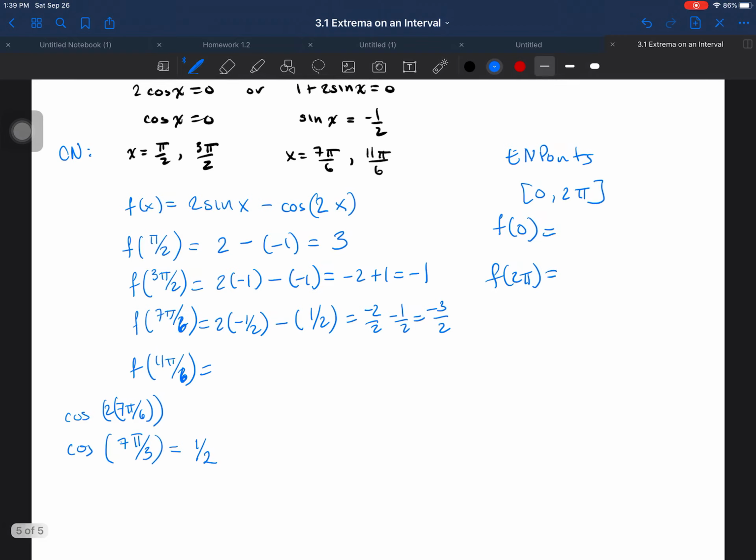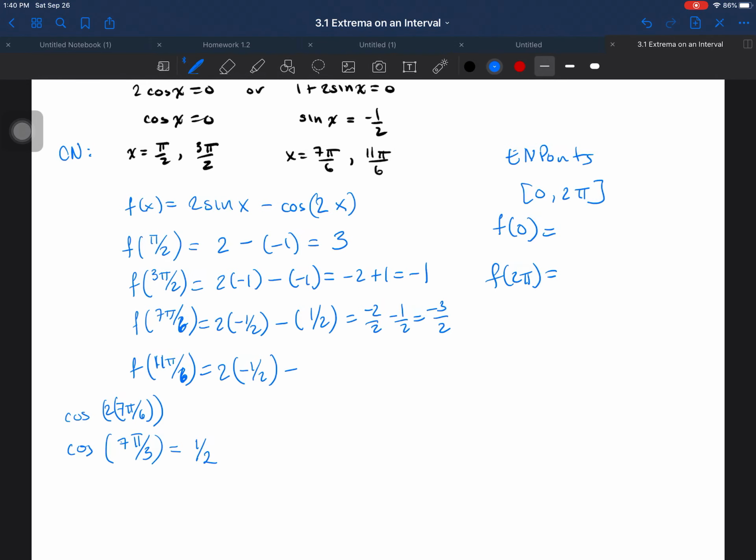The other one is 11 pi over 6. So we have 2 times sine of 11 pi over 6. That's almost the 2 pi, so it's going to be negative, and it's going to be short, so it'll be negative 1/2.